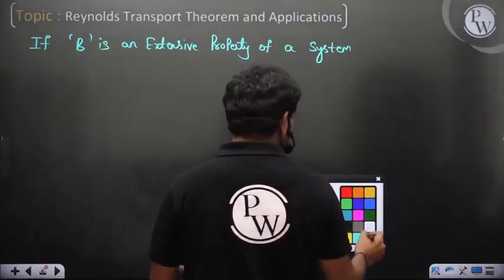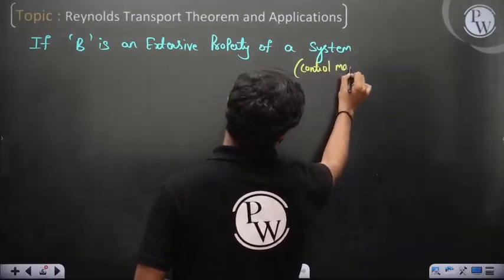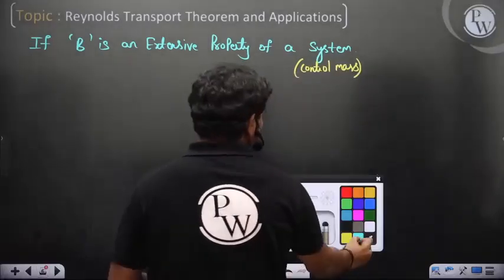Basically system is generally in terminologies you might have seen control mass. Control mass इसका मतलब क्या है? Mass is constant, okay, of a system.